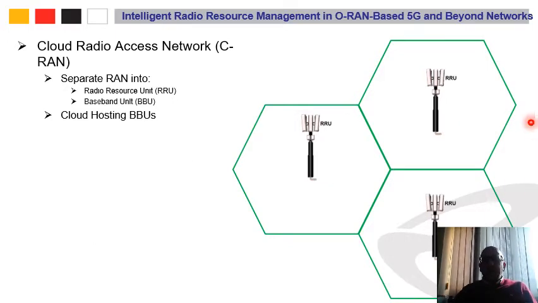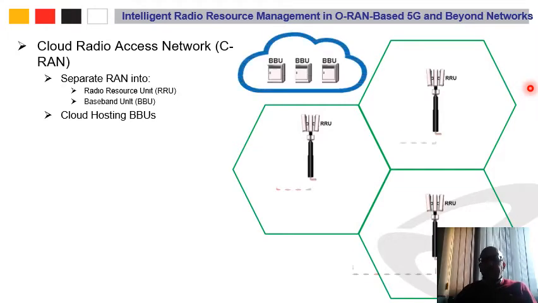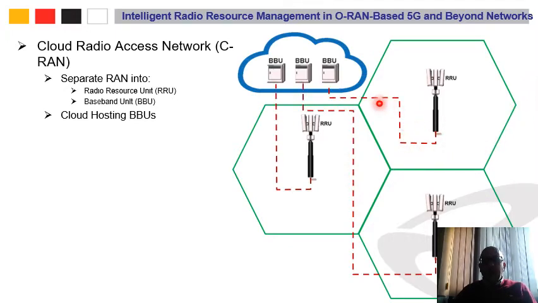So instead of having the BBUs and all the energy consumption, all the infrastructure, and all the necessary equipment in this location, we can throw them to the cloud and connect them by a network or by a connection to a cloud processing unit. And therefore, the cloud is hosting the BBUs, and we have separated the RAN into the BBUs and the RRUs that are no longer physically co-located together.